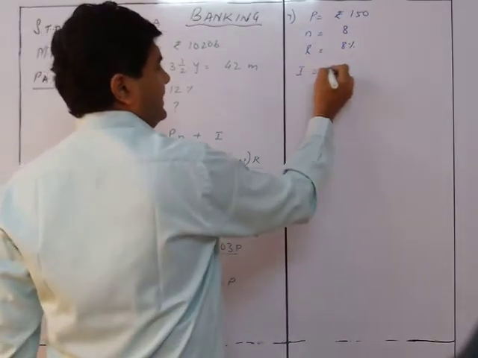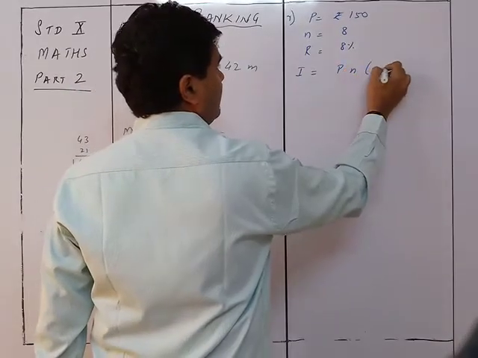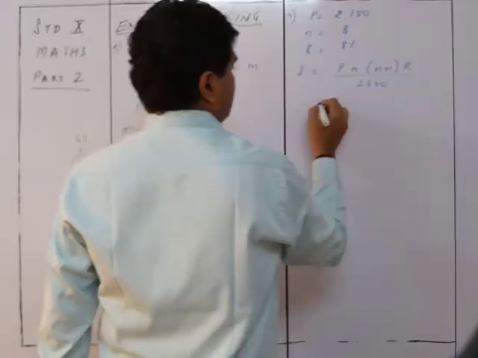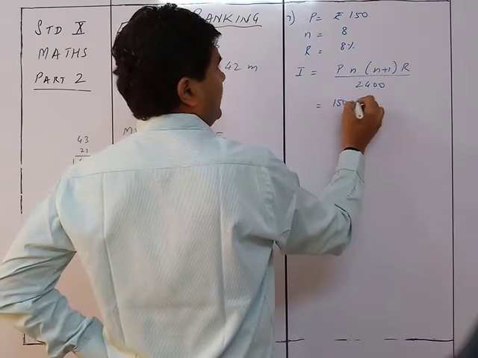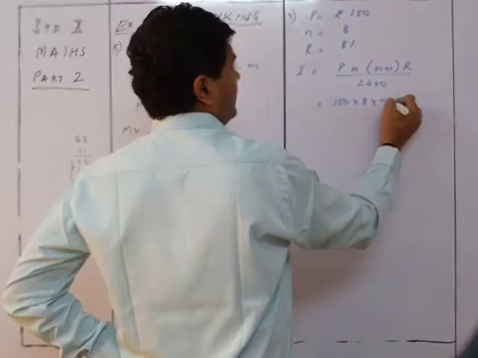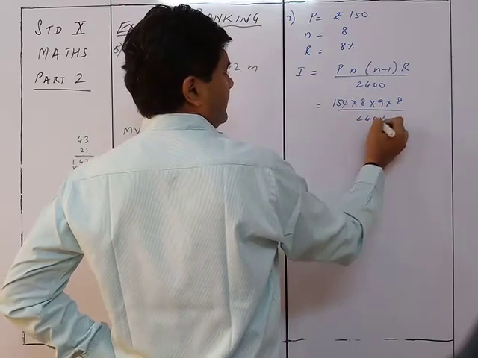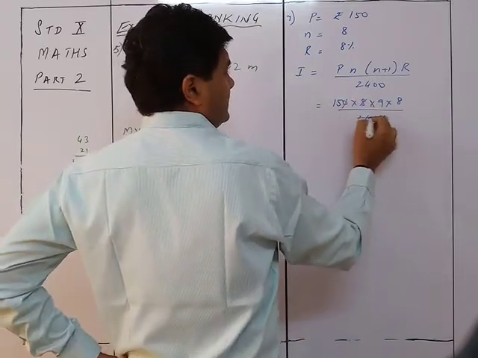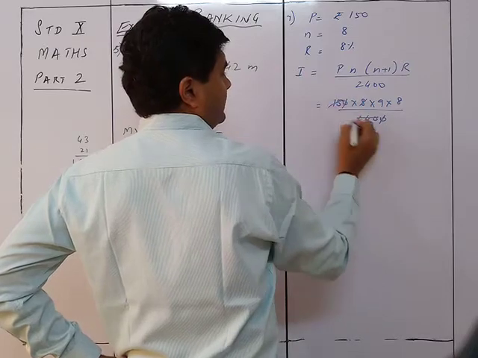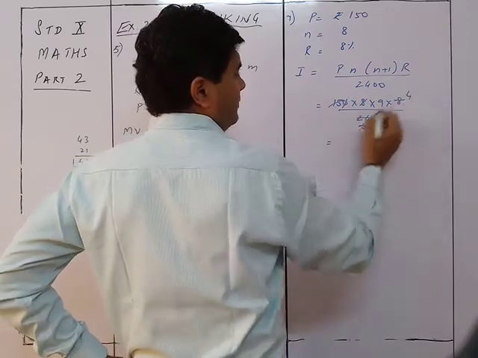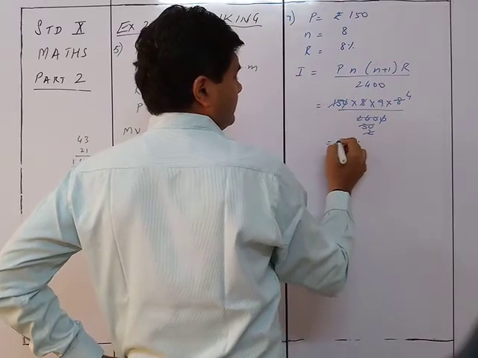We first find out I is P into N into N plus 1 into R upon 2400. That will be 150 into 8 into 9 into 8 upon 2400. The zeros cancel. 8 threes are 24, then 2s and 4s cancel, so that will be 9 fours are 36 rupees.